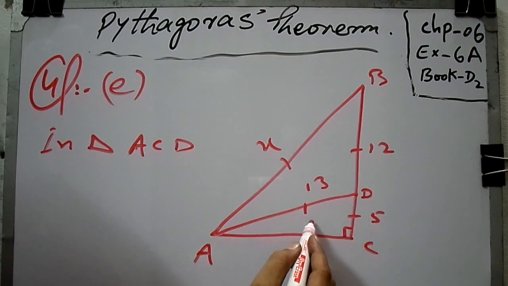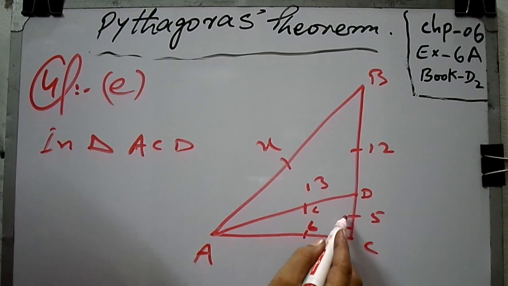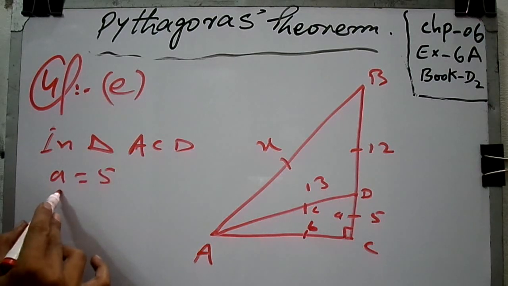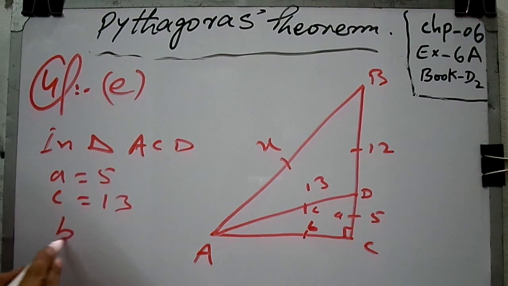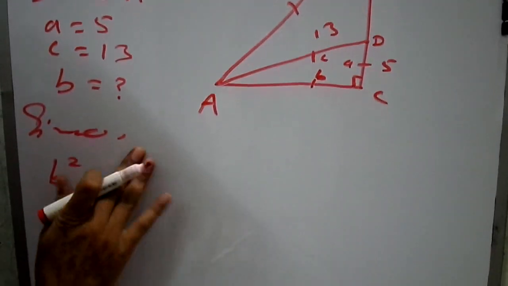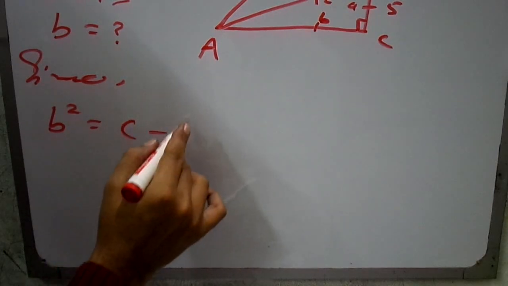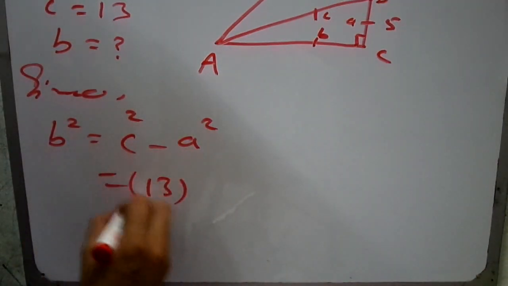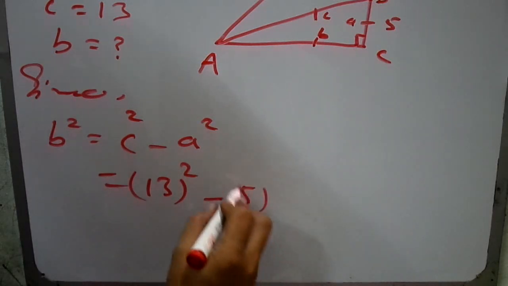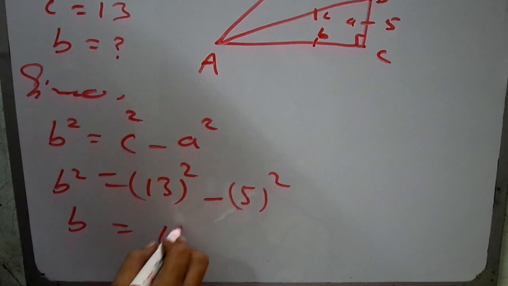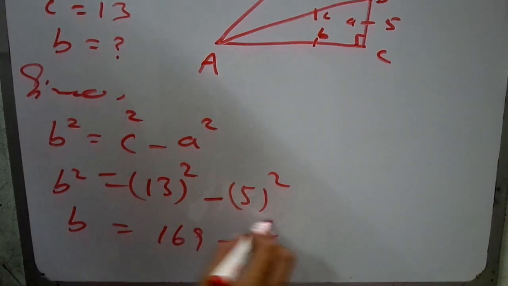So that is your B, that is your C, that is your A altitude. So A is 5, C is 13, B we have to find, since by Pythagoras theorem B square is equal to C square minus A square. Putting the values, C is 13, A is 5, that is your B square, B is equal to 169 minus 25 under root.